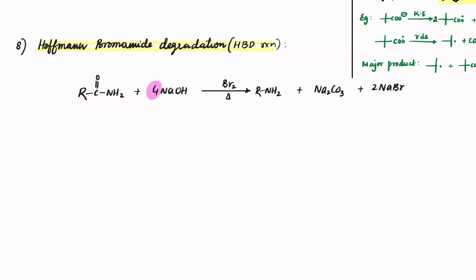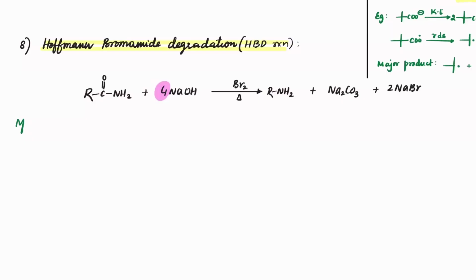Correct? So if you may have seen it, this reaction, mechanism-wise, first thing: RC double bond O NH2, and amides are generally neutral.